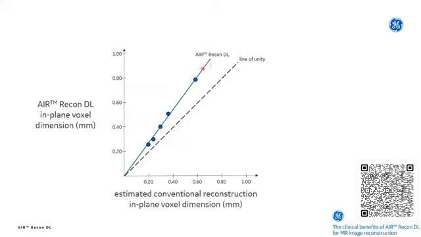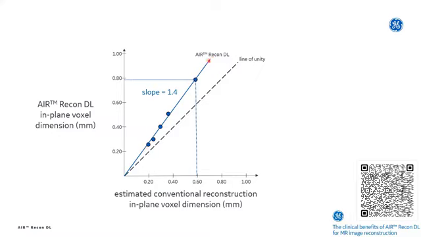Think of it as a lookup table where my 0.8, or 0.78 millimeter in-plane resolution with AIR Recon DL actually best lines up with something closer to 0.6 or perhaps 0.55 millimeters with a conventional reconstruction. And if you can follow this reasoning, from our calculated data we find that the slope is about 1.4 with this experiment we ran.